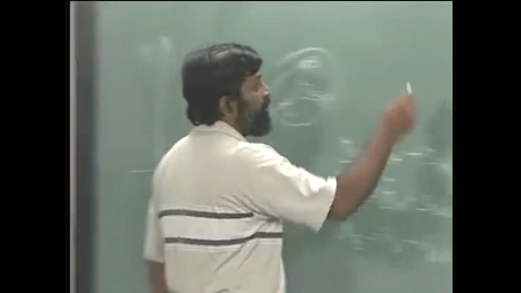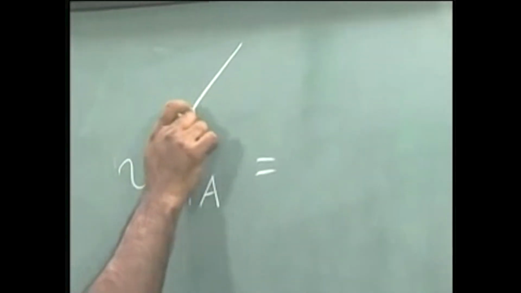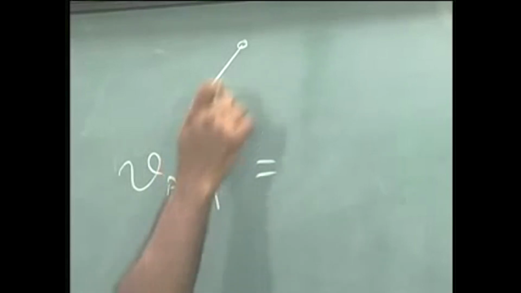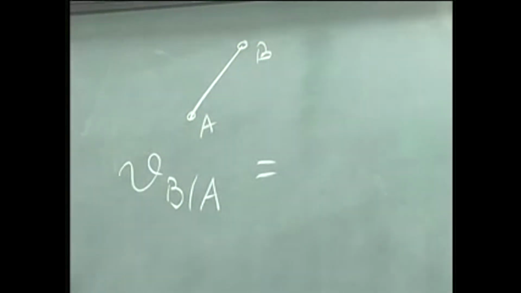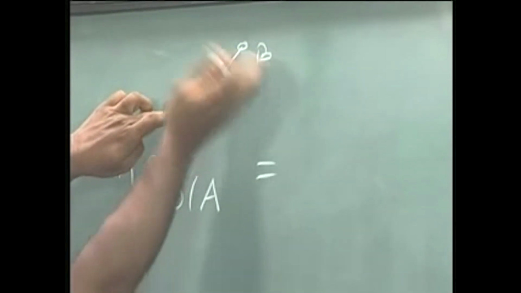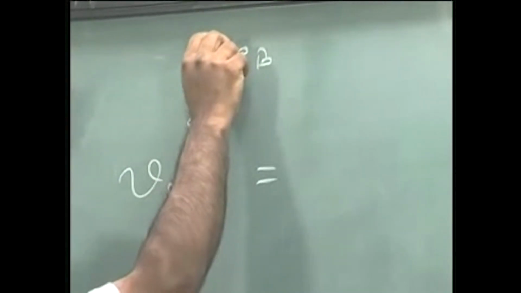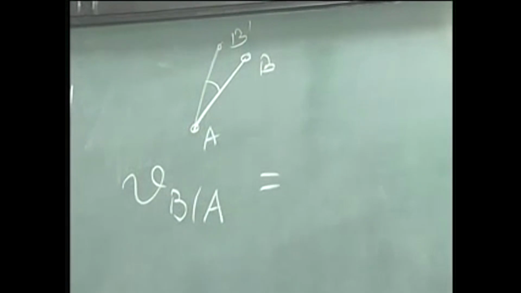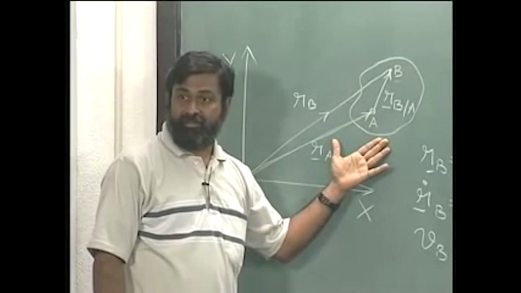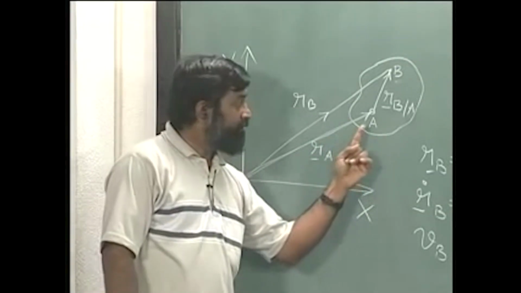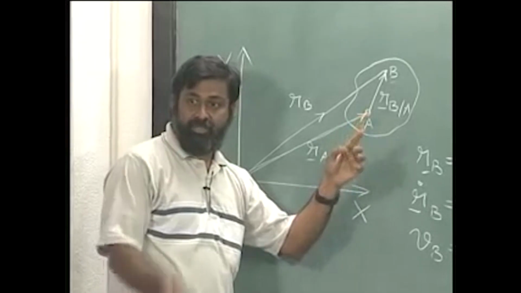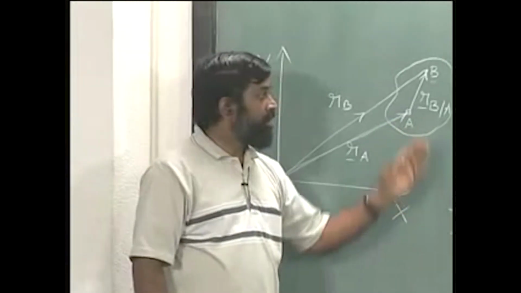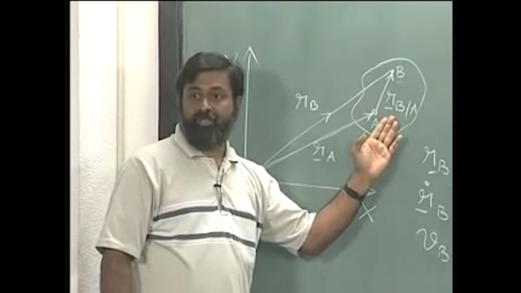Remember, in the earlier exercise we had A, B, pivoted about A, there was a rotation occurring, right, and we wanted to find out what would be the rate of this rotation. Here the exercise is similar, because given that this point is fixed and there is a rotation occurring, I would want to find out the rate of this.